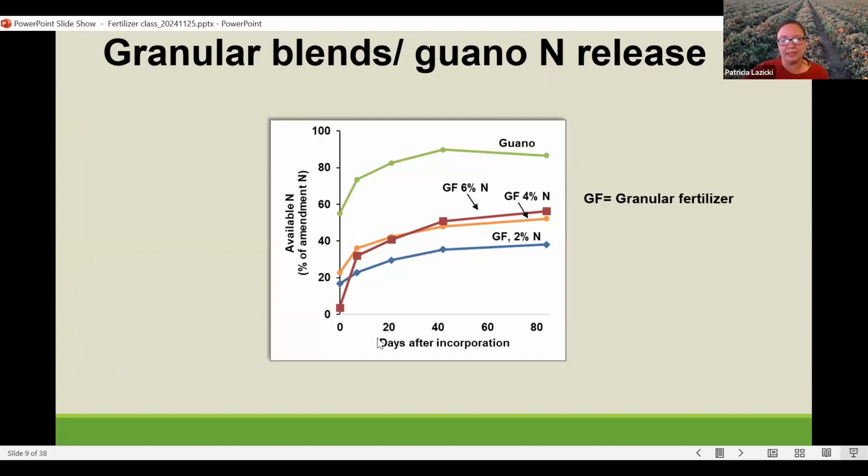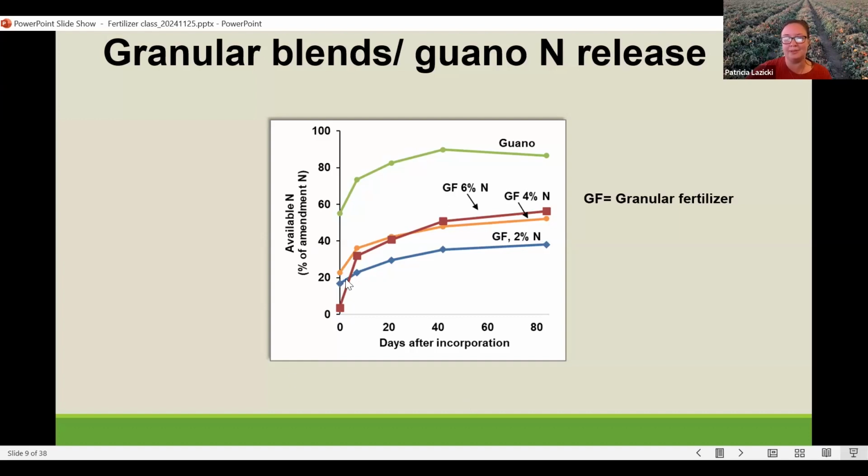So when we incubated several different granular blends, what we found is that the total amount that became available followed the percent nitrogen that they contained. And the release pattern was fairly predictable from their base ingredients. So for example, this 2% nitrogen had some manure, it had bone meal, so fairly low percent nitrogen.